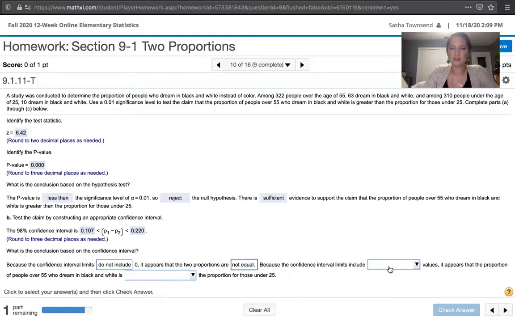It says, because the confidence interval limits include only positive values, it appears that the proportion of people over 55 who dream in black and white is either greater than or less than the proportion for those under 55. Now, to answer this question, I want to go back to my paper and talk about what those positive values mean for the comparison between P1 and P2.